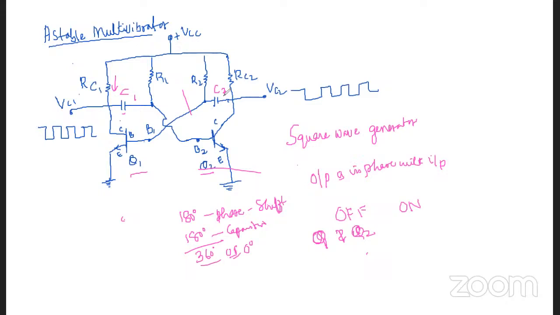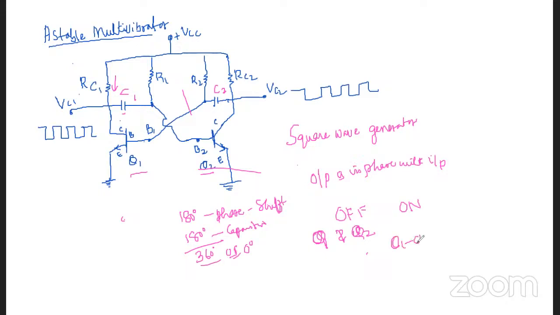When the capacitor C2 is fully charged, it discharges into the base of Q1. Thus Q1 is again on and Q2 is off. Continuously this process will take place.